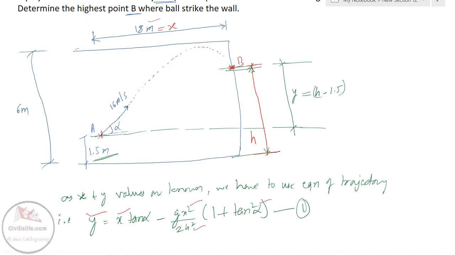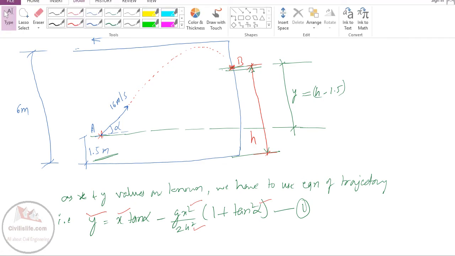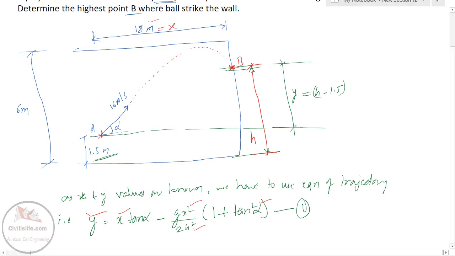Now again if we look into this figure, there is one hint given there. That hint is the maximum height which this ball can travel, from here to here.